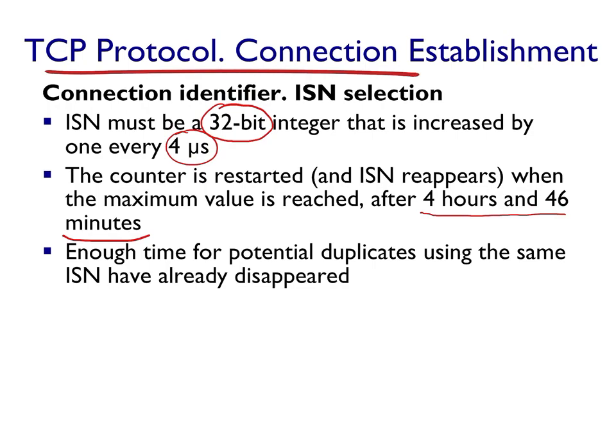This time is enough for potential duplicates using the same initial sequence number. So the idea is to avoid problems with previous connections. Normally one TCP connection will not last more than 4 hours. This is the reason why they have decided to use this process for setting the initial sequence number.